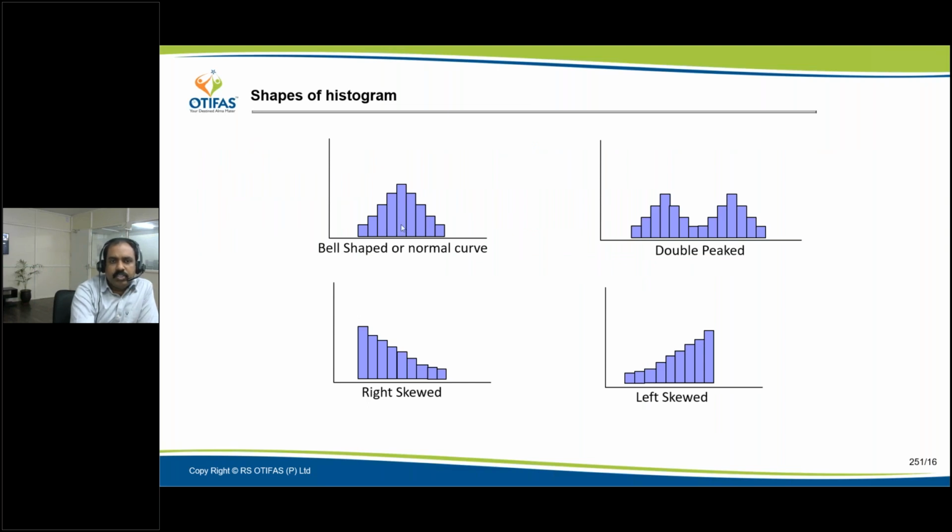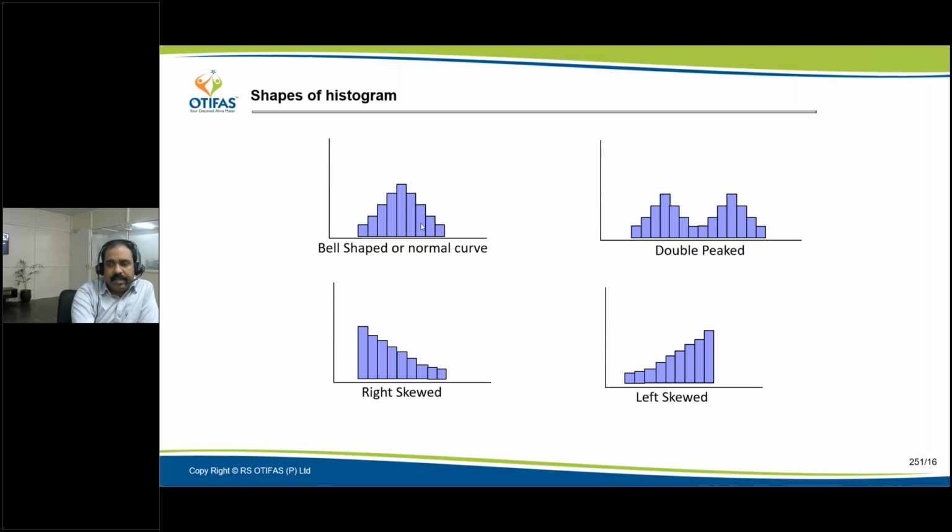When you do a histogram, you can get a shape similar to this, similar to this. When you get a distribution like this, it is called a bell-shaped or normal curve. We are always looking for this normal curve, because if you get a normal distribution, you can do so many things with this data.